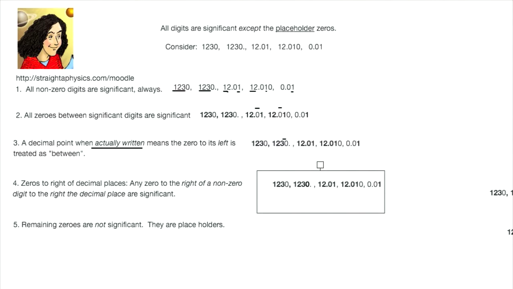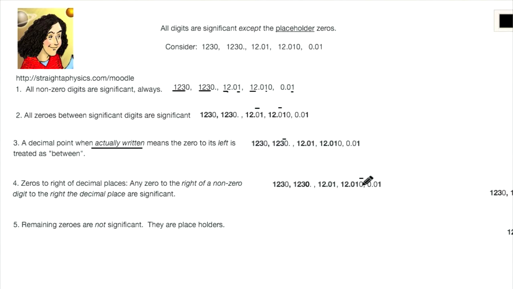Now we're going to worry about zeros to the right of the decimal place. There's no 0 to the right of the decimal place here, and none here. These are already all significant. Now we have a 0 to the right of the decimal place. Let's look at this rule. It says any 0 to the right of a non-zero digit to the right of the decimal place is significant.